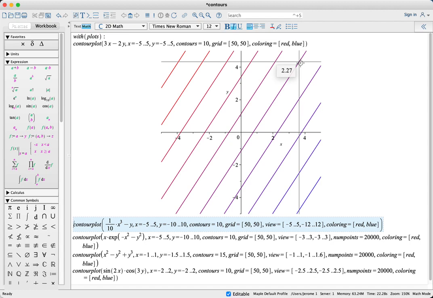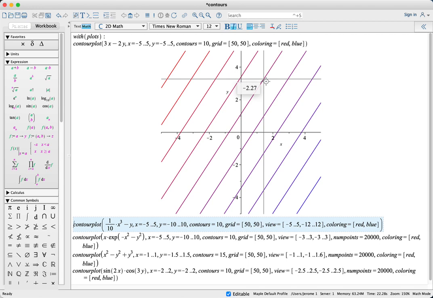So every ordered pair on this line, if I were to evaluate it in this function, putting the x value there and the y value there, I would end up getting a z value of approximately 2.27, right? If, however, I evaluated it at points on this line, I end up getting negative 2.27.